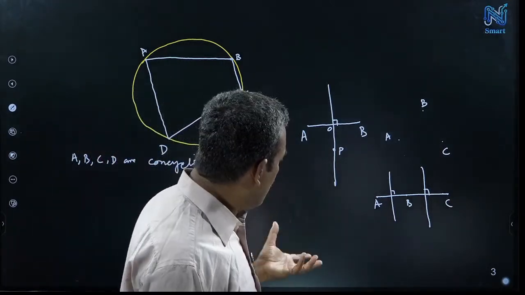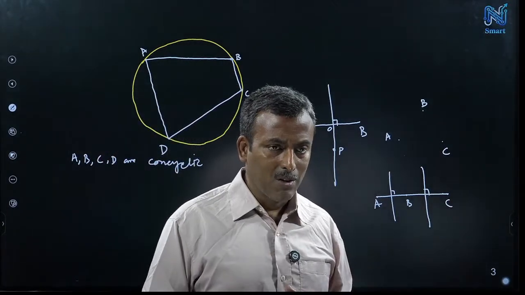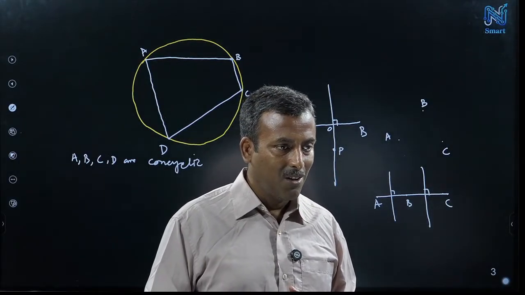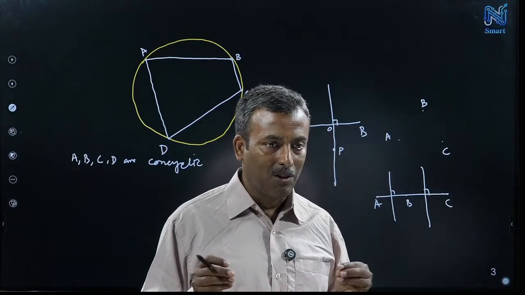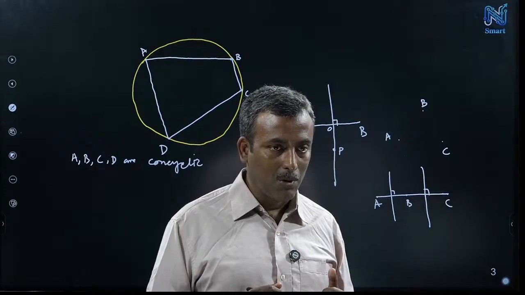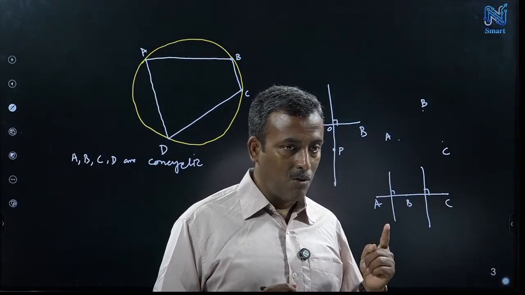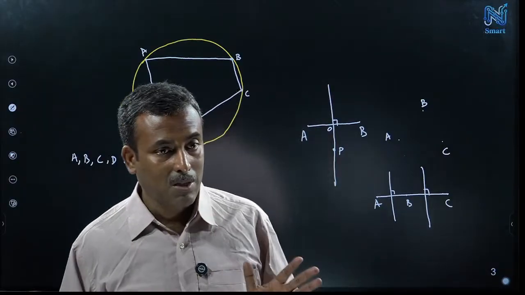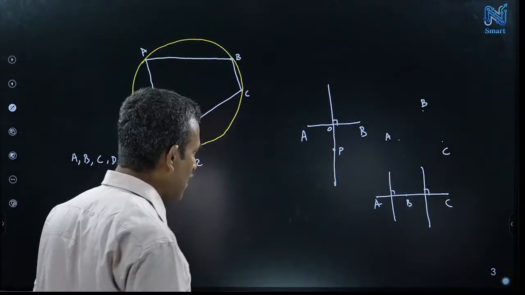And actually we can't have 3 points on a circle which are collinear. It is impossible, because from the center, 3 points on a straight line can't have the same distance.